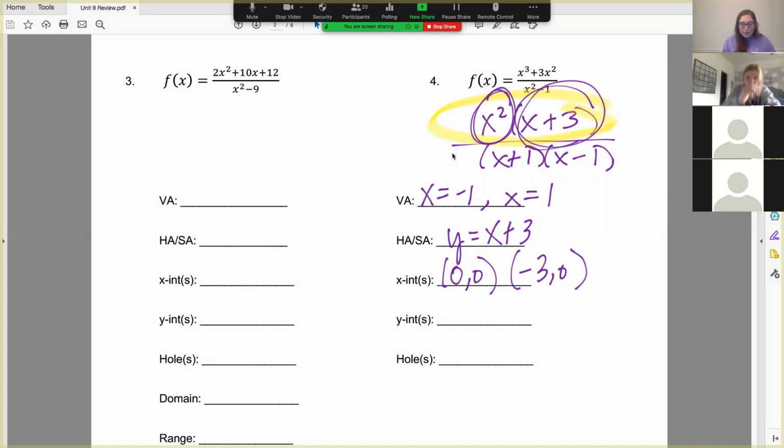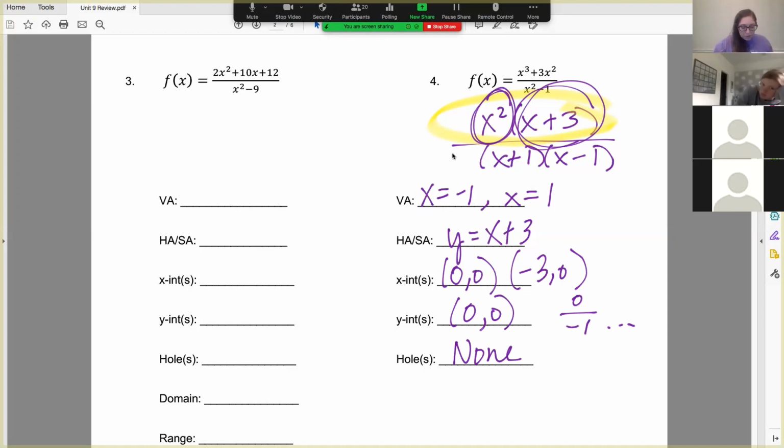For the y-intercept, when I set x equal to 0, I end up getting 0 over -1, which ends up just being 0, because 0 over any number is just 0. And then we already established that there are no holes because nothing canceled in the very beginning.